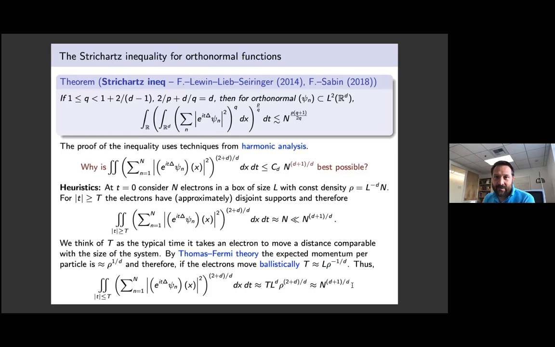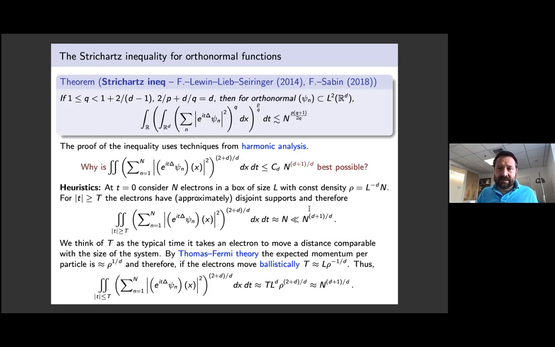Okay, so that's the heuristic. You can use coherent states to make all this rigorous. The length scales are all here, and using this, you can actually justify that this is the correct power. You can also do it for general p or q.